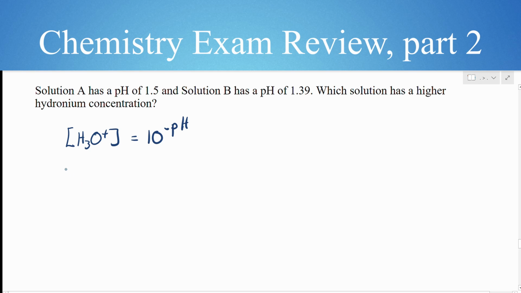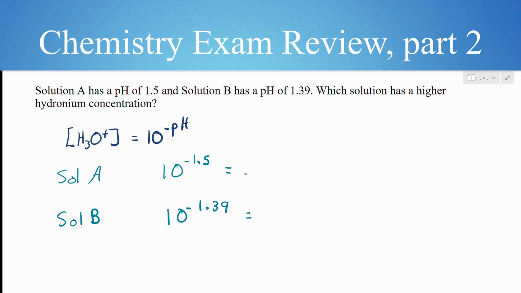So for solution A, this is going to have a concentration of 10 to the negative 1.5. Solution B is going to have a concentration of 10 to the negative 1.39. Solution A has a concentration of 0.0316, and solution B has a concentration of 0.0407.